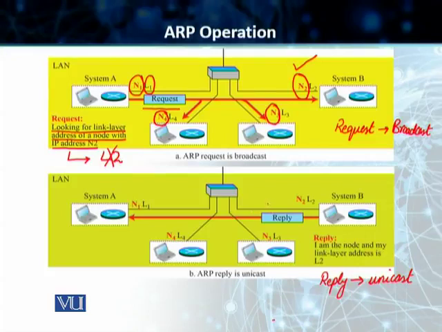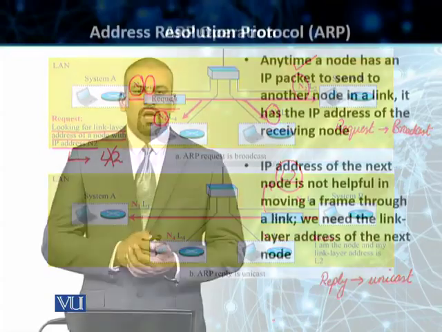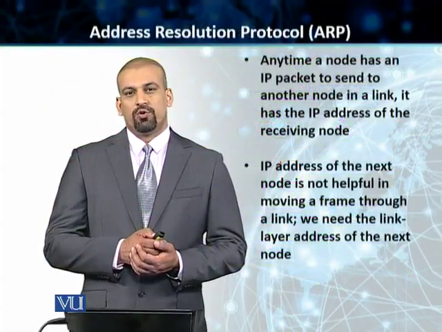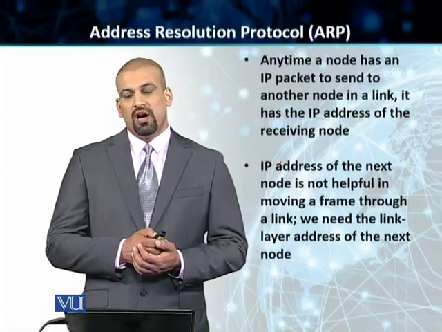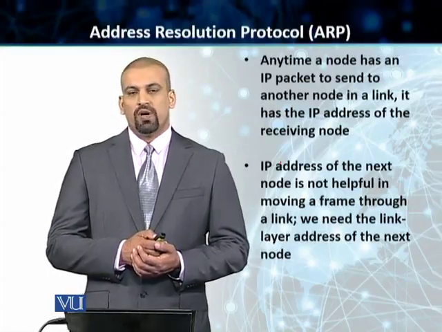This is a unicast, so it just uses the unicast address of system A and it sends a reply directly back to system A. Unicast means the ARP reply or the response is sent directly to system A, and this ARP reply will contain L2, which is the physical address or the link layer address of system B, and therefore system A can then use it to send its frames or whatever information that it has to system B. So students, this is how the Address Resolution Protocol, the ARP request and the ARP response work.